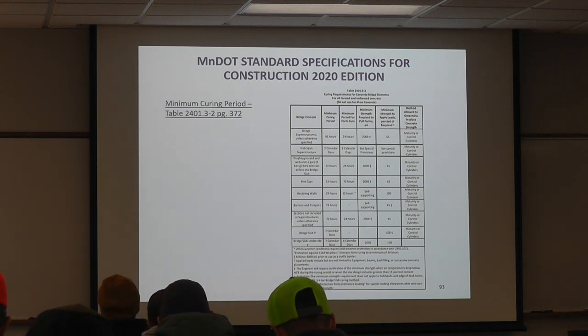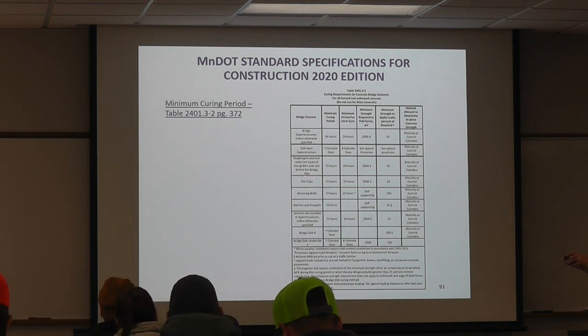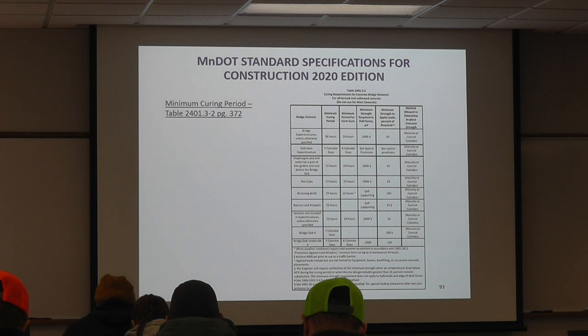And so we have the bridge element, we have bridge superstructure, slab spans, and the pier caps, and then we'll have a column for minimum curing period. So for instance, pier cap is 72 hours. So as we're looking at when we remove falsework, that's what we do. So typically our substructure elements are 72 hours, superstructure and deck are going to be a little bit more.